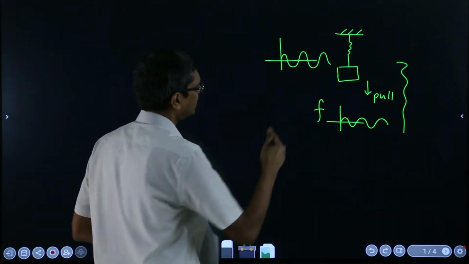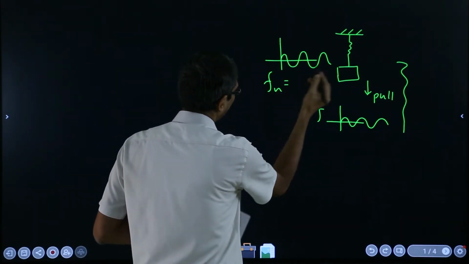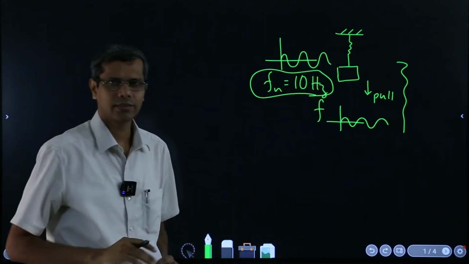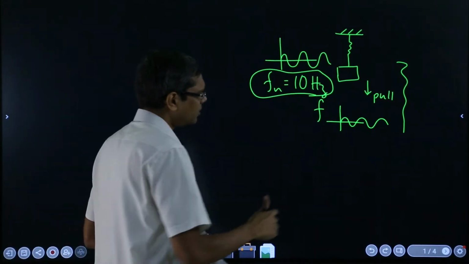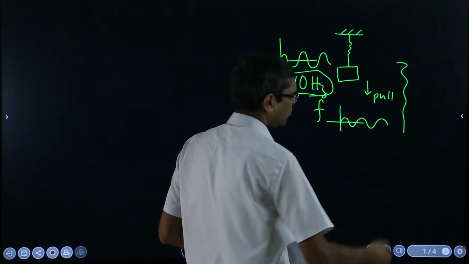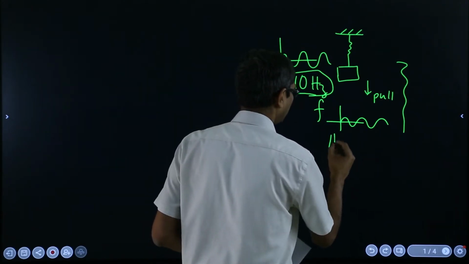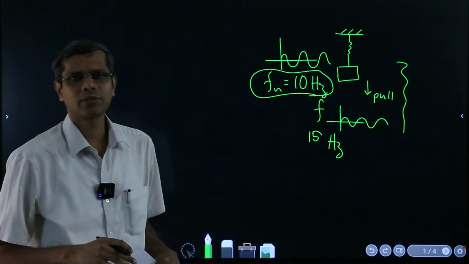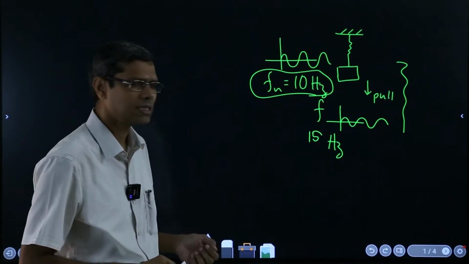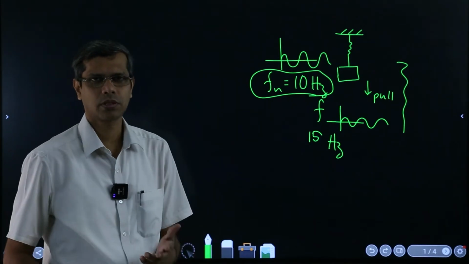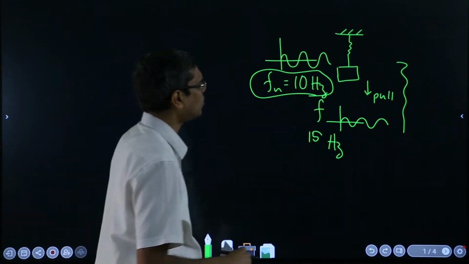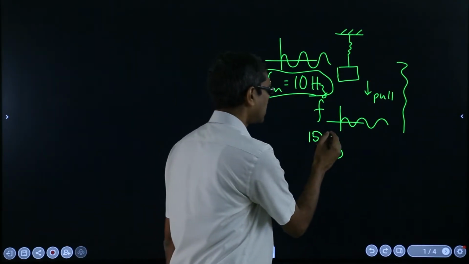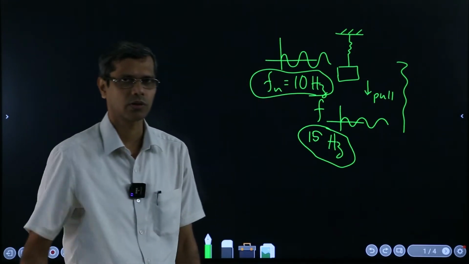So you just say its natural frequency is, say, 10 hertz, and that's it. Similarly, if you keep oscillating it at, say, 15 hertz, the mass will keep oscillating at 15 hertz, and nothing interesting happens thereafter. So why talk even about time in that sense? The only interesting thing is this 15 hertz at which you are oscillating it.